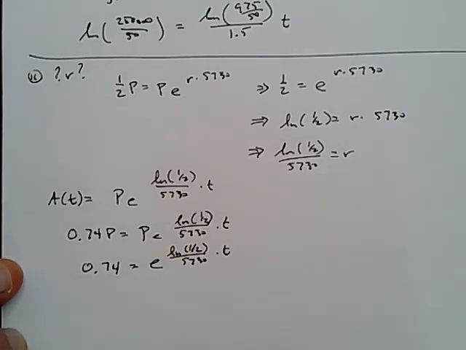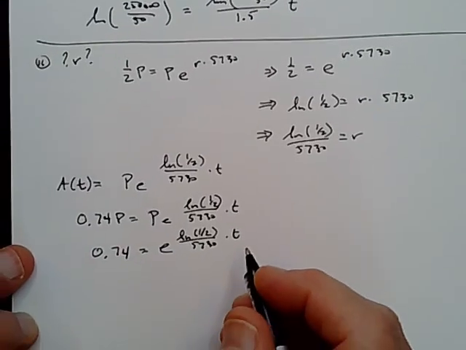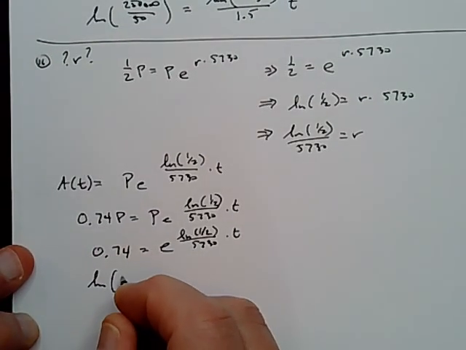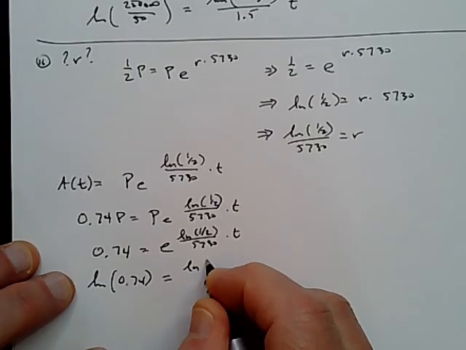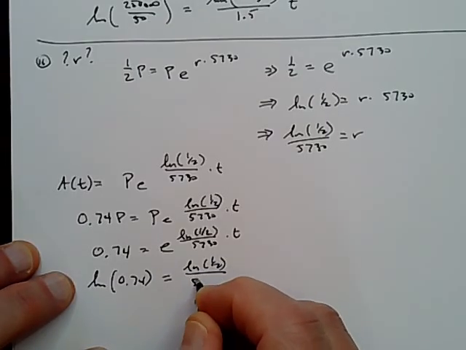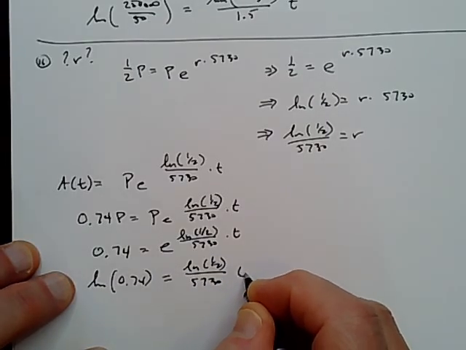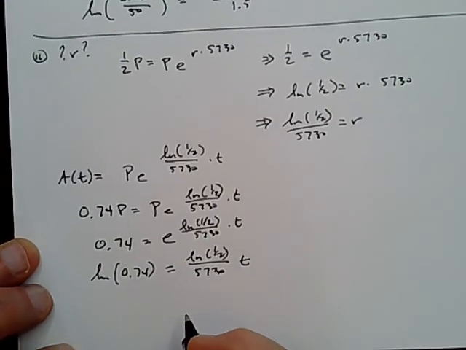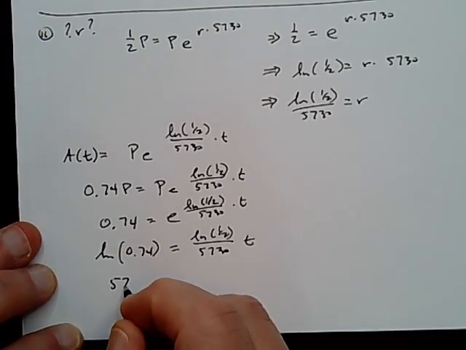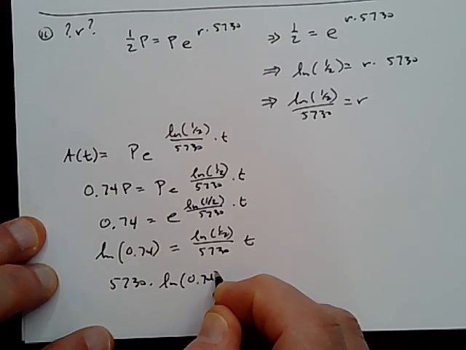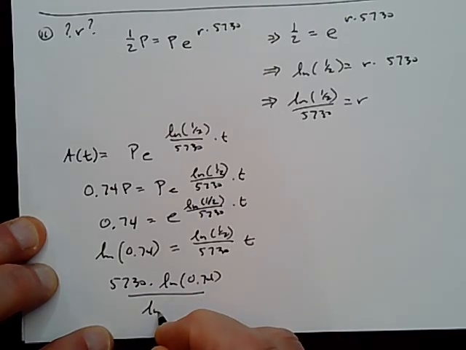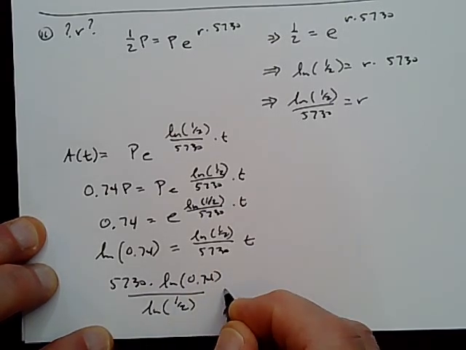So that's an equation with only one variable in it. Take the ln of both sides. ln of 0.74 is ln of 1/2 over 5730 t, and so we end up with 5730 times ln of 0.74 all over ln of 1/2 is t.